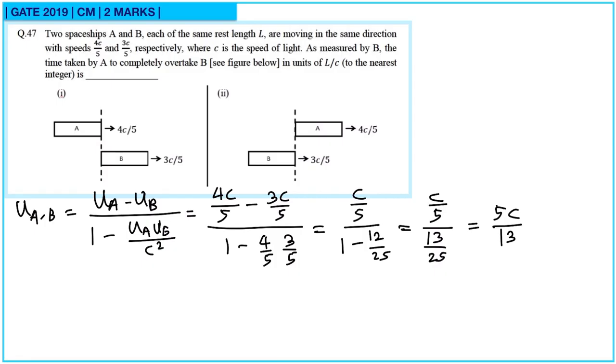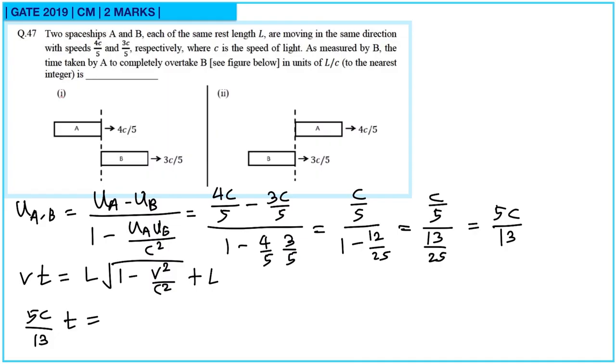Now with this velocity, the spaceship has to cover its contracted length and also its own length. So the contracted length of the second spaceship and its own proper length. That means v into t is equal to L into the square root of 1 minus v square by c square, plus its own length L. So v is equal to 5c by 13, into t.